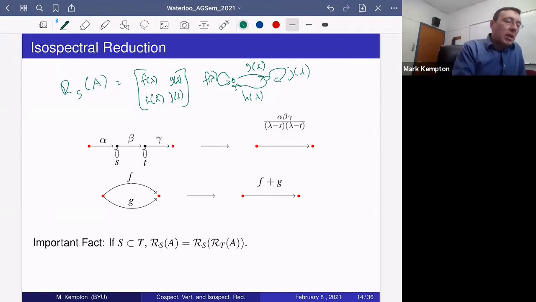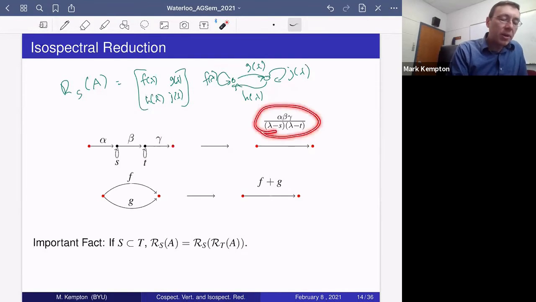So what I'm describing here is, if I start with a graph and I apply this isospectral reduction, what happens in the matrix? Well, in the matrix reduction, the entries corresponding to these weights follow these rules.